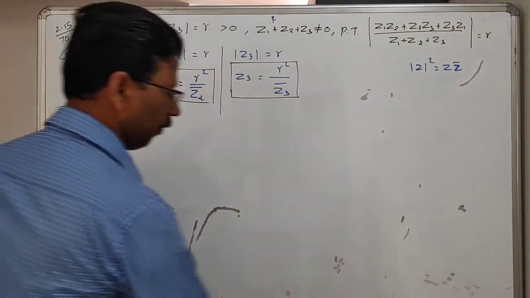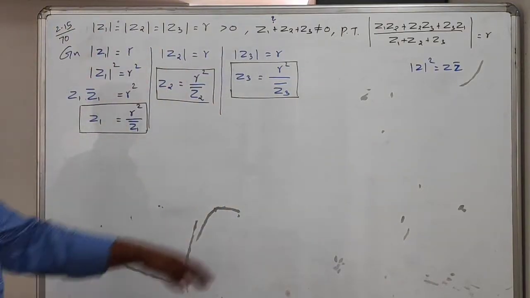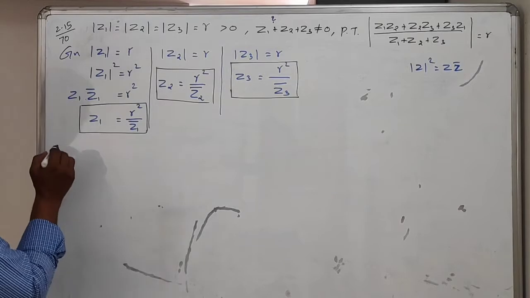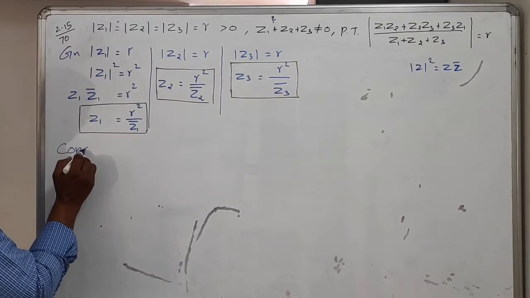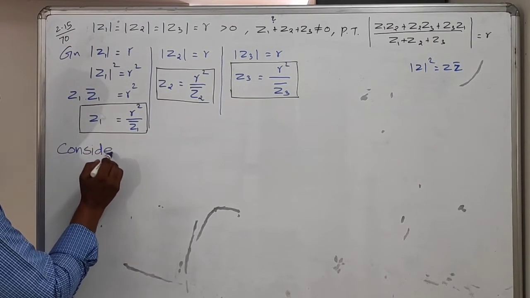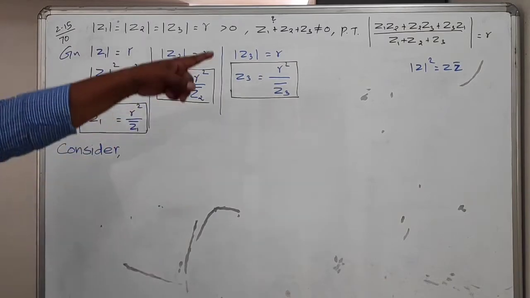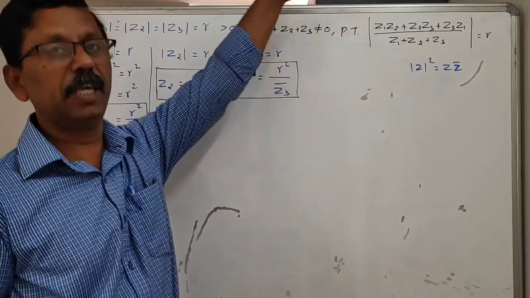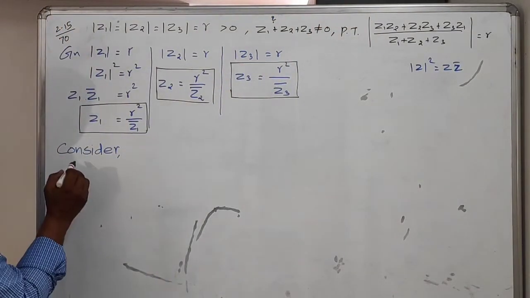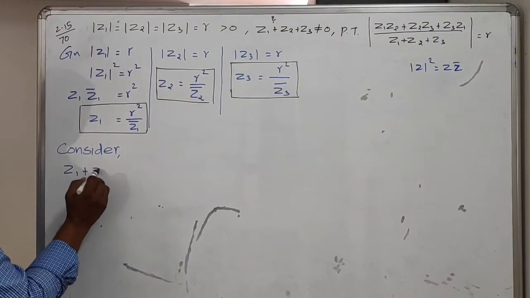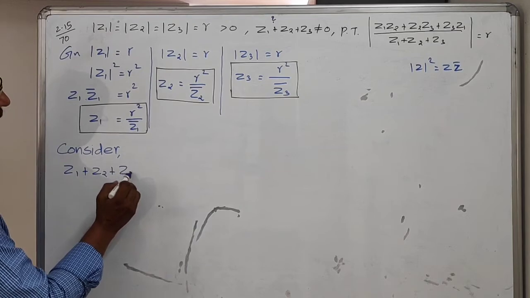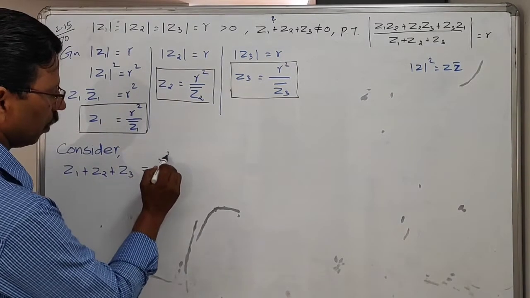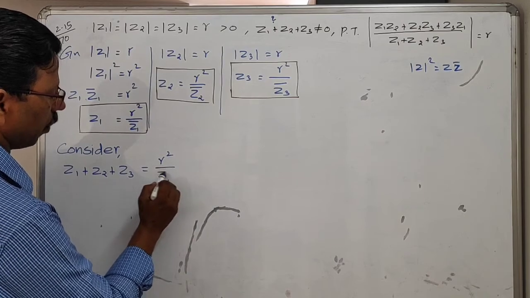Yes, after that, now we are going to see this value Z1 plus Z2 plus Z3, which we need to find, and which should not be equal to 0. Therefore, we can say Z1 plus Z2 plus Z3 is equal to, what is Z1? R square by Z1 bar.